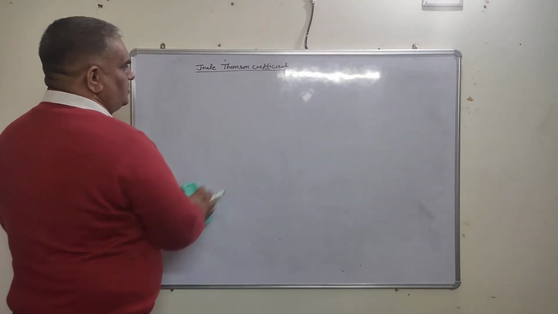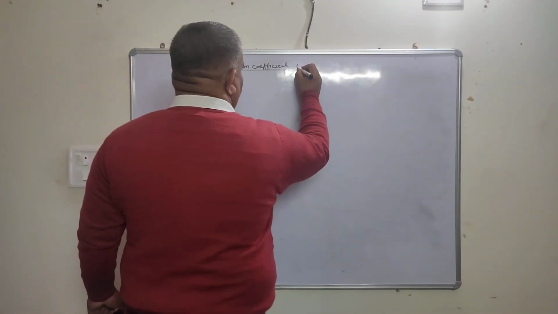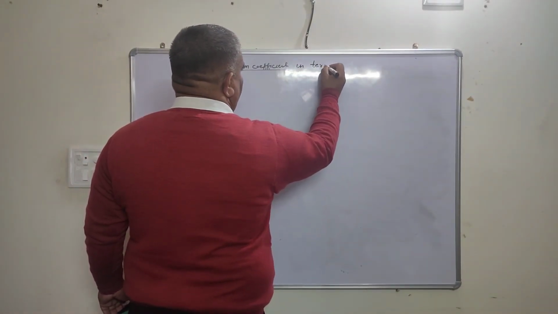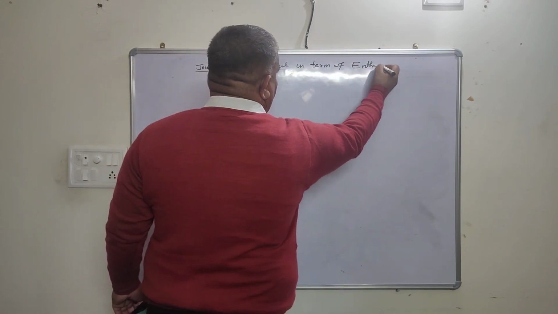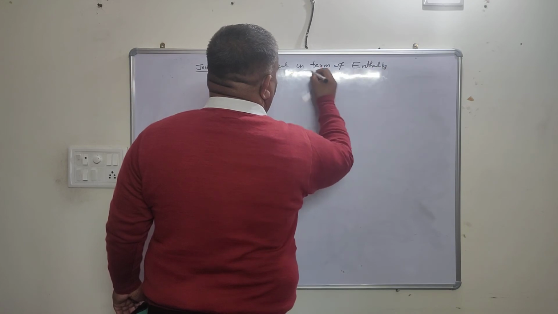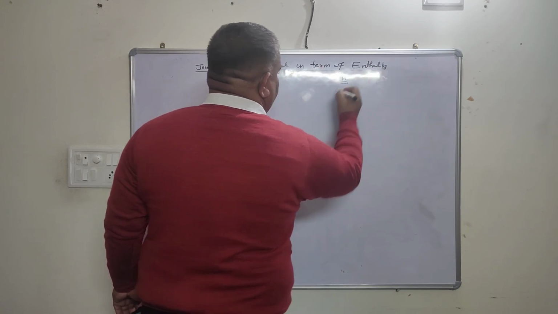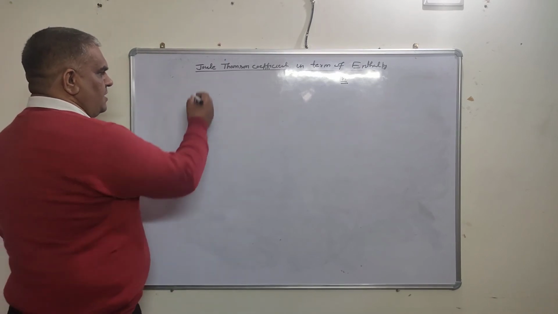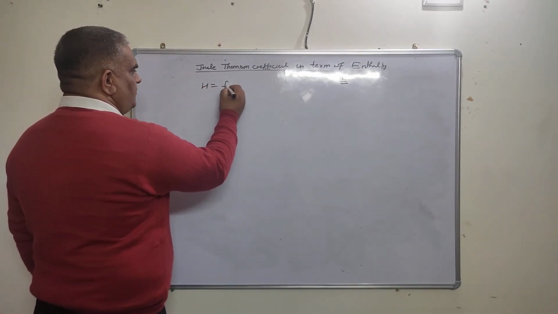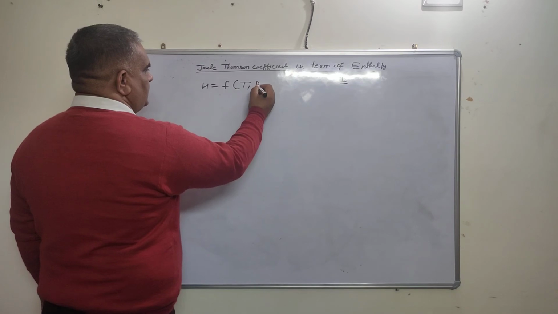Next is the Joule-Thomson coefficient in terms of enthalpy. H is a state function, and the independent variables are temperature and pressure. H is a function of temperature and pressure.